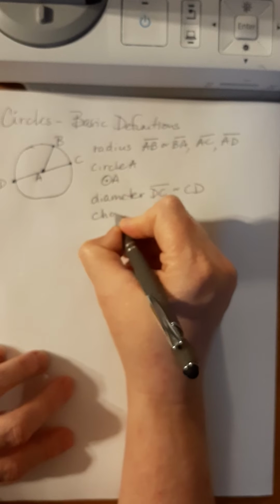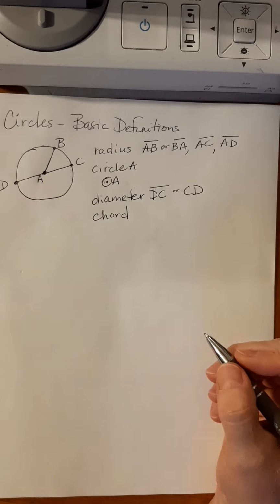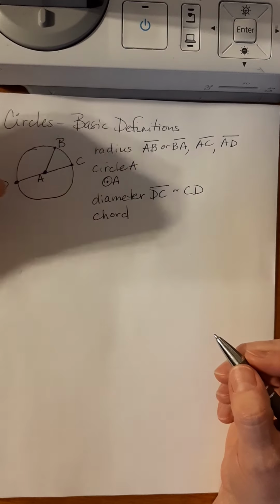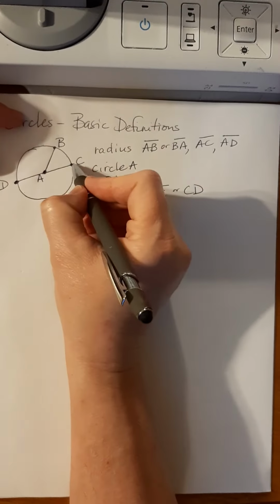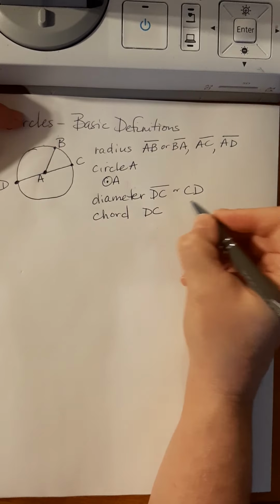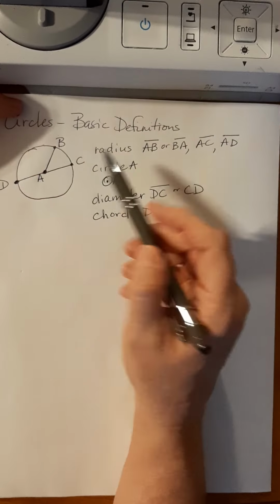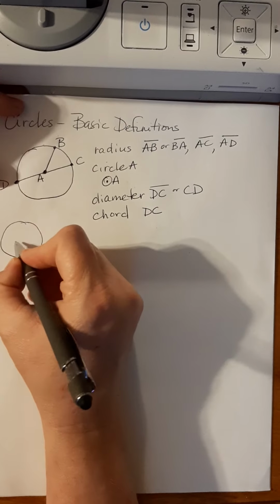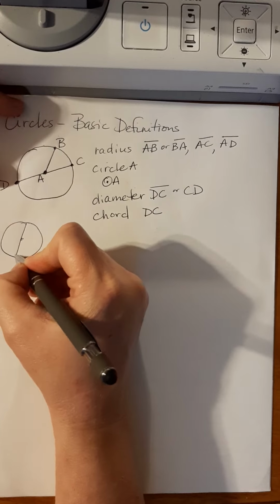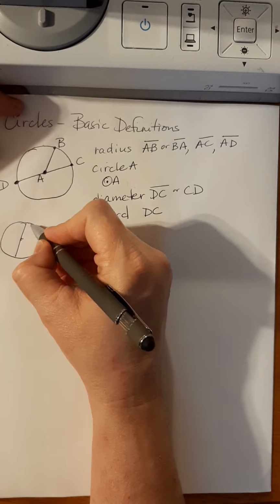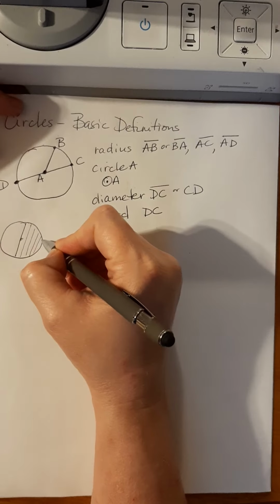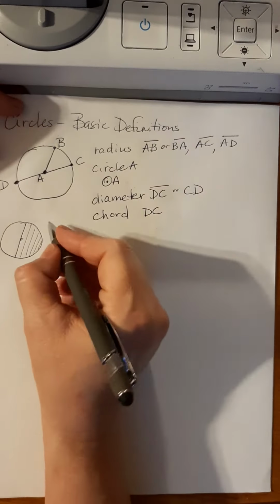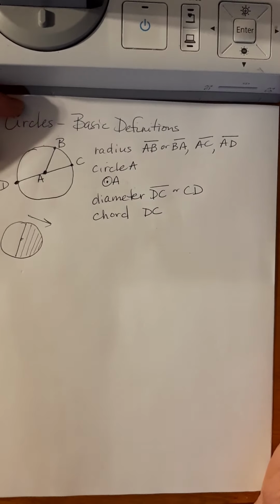Then there's something called a chord. A chord is just a line segment that ends on the circle. So technically, DC is a chord. It's the longest chord of the circle because notice how, if I have the diameter there, and I did chords all the way across, the chord lengths are getting smaller the farther away you go from the center.